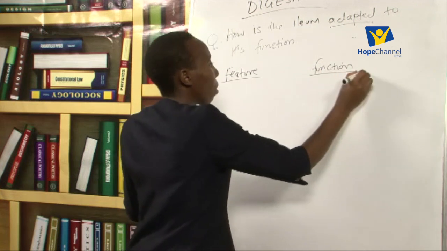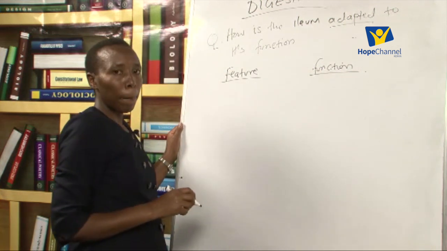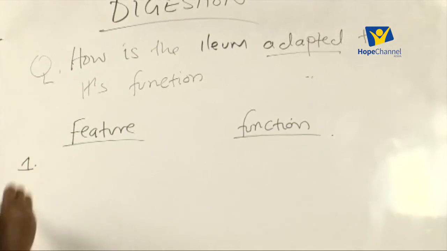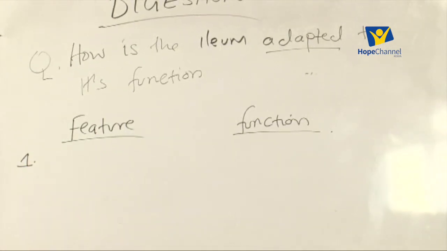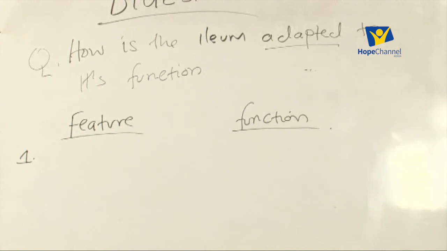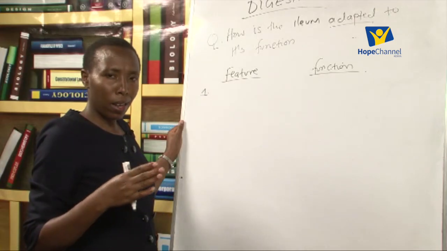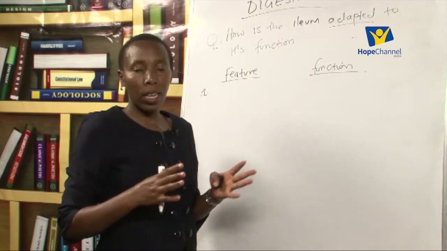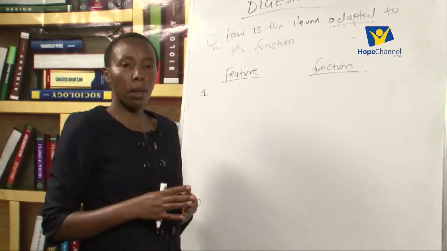Like now, number one, earlier on we said that the ileum is the largest part of the small intestine or of the digestive system.